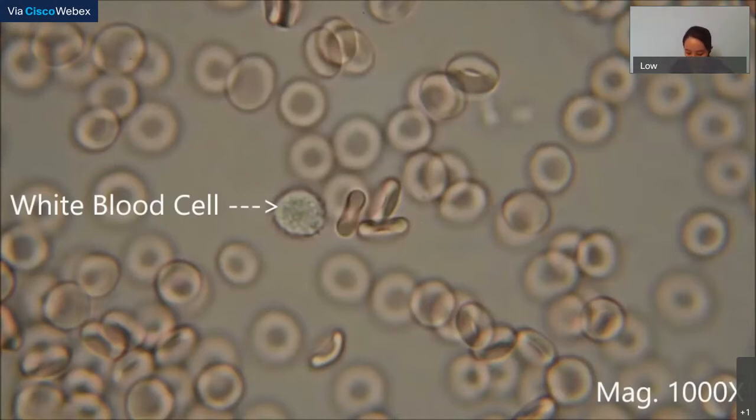Human anatomy and physiology. Hmm, how should I answer this? Human anatomy is basically like if you got a human as your specimen, basically don't, okay? You cut through your body, then you see all your organs, your liver, your lungs, your heart. Open it and you see all the organs inside. That is the human anatomy.